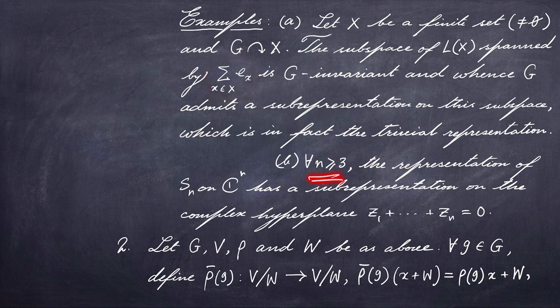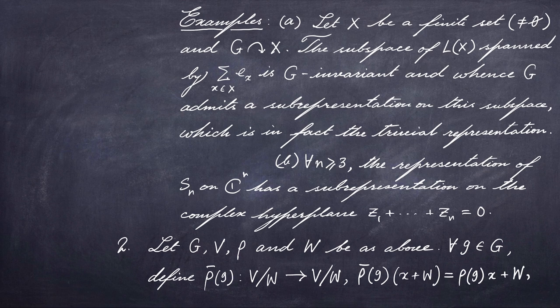When n is a natural number which is at least 3, then in the action of Sn on Cn, we also see that this complex hyperplane is invariant under the action of Sn, because if we permute the coordinates of any point here, then the same equation is going to be satisfied. Thus Sn acts on this complex hyperplane.